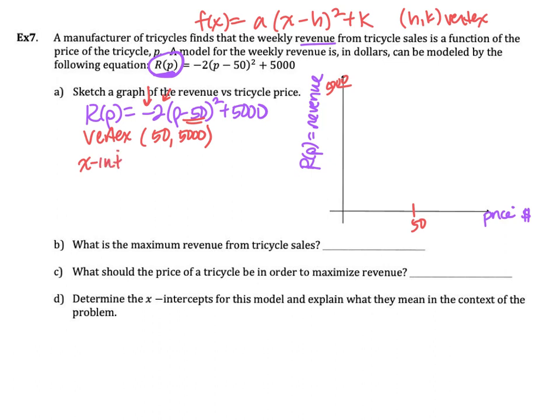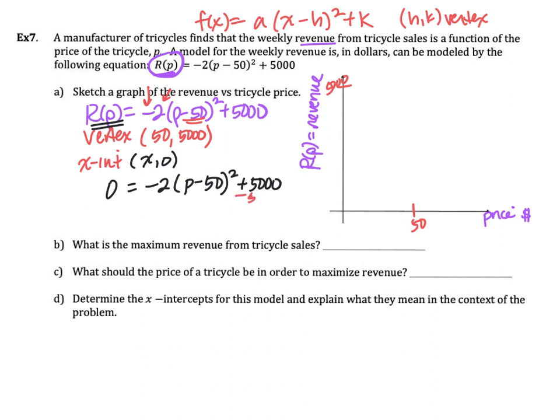So in order to find my x-intercepts, I plug in 0 for y and solve for x. Well, your y value is R of P. So I get 0 equals negative 2 times (P minus 50) squared plus 5,000.